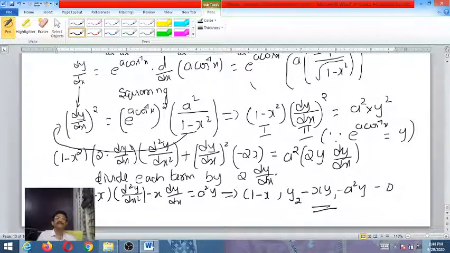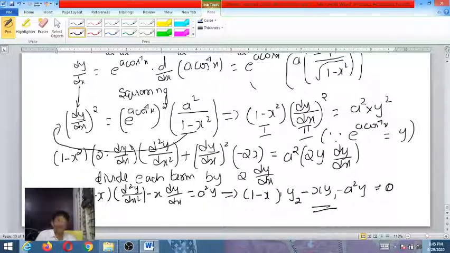Divide each term by 2 into dy by dx. Here 2 cancels, dy by dx cancels, remaining 1 minus x square into d square y by dx square. Here 2 cancels, one dy by dx cancels, what is remaining is minus x dy by dx. 2 cancels, dy by dx cancels, a square y. What is d square y by dx square? It is nothing but y2. So this is the answer.